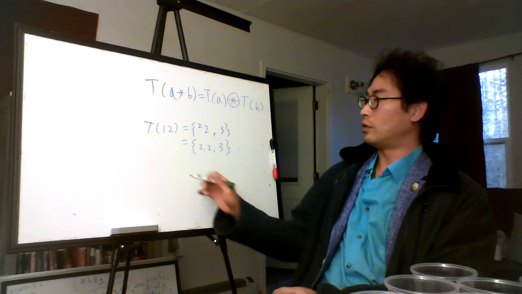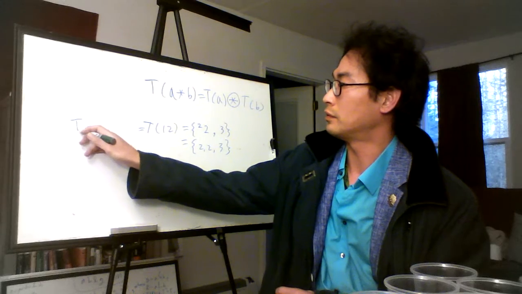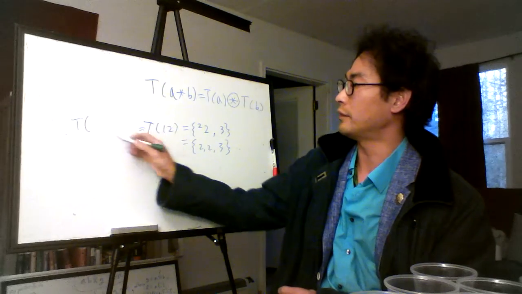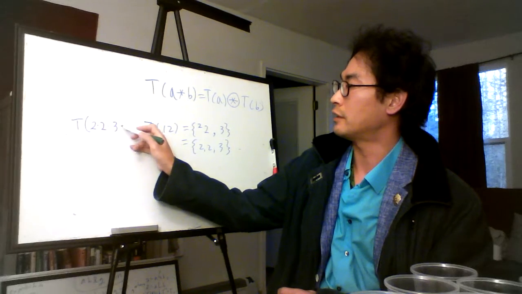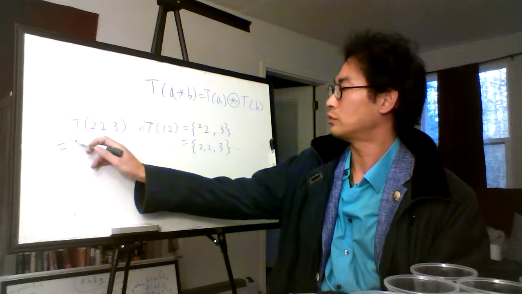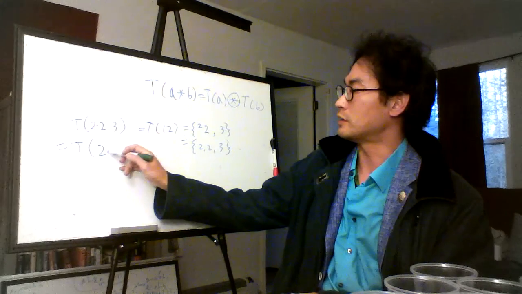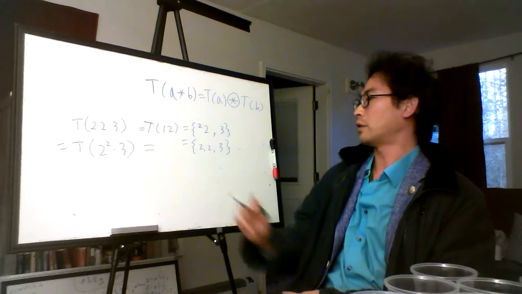And what is 12? The number 12 is 2 times 2 times 3, which is also equal to 2 to the second times 3. They're all equal, okay?